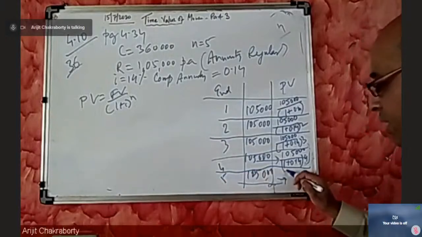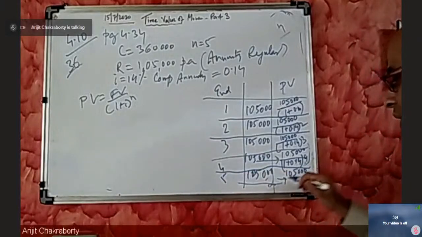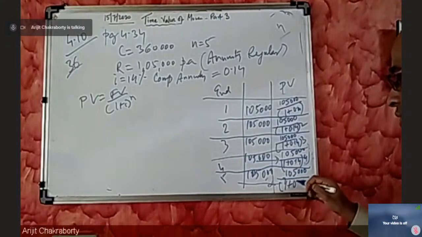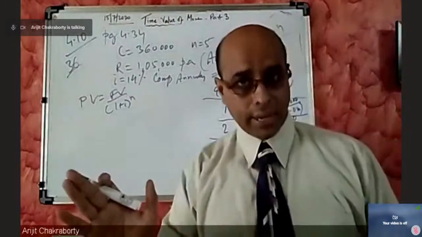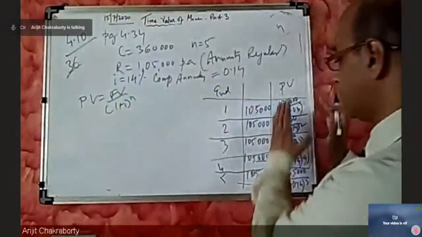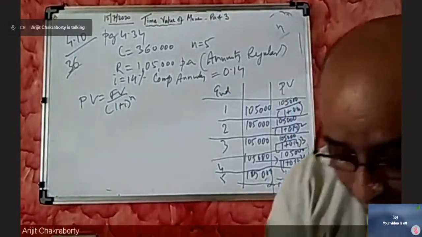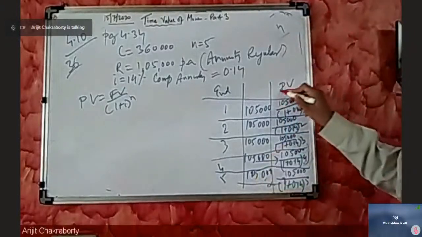For fifth year, it will be 1,05,000 divided by 1 plus 0.14 to the power 5. So in this way, we are doing the present value. Now the idea is to find out the sum of this.